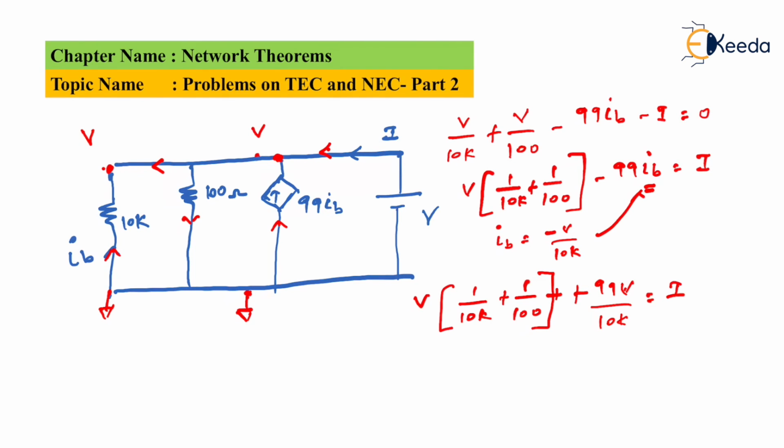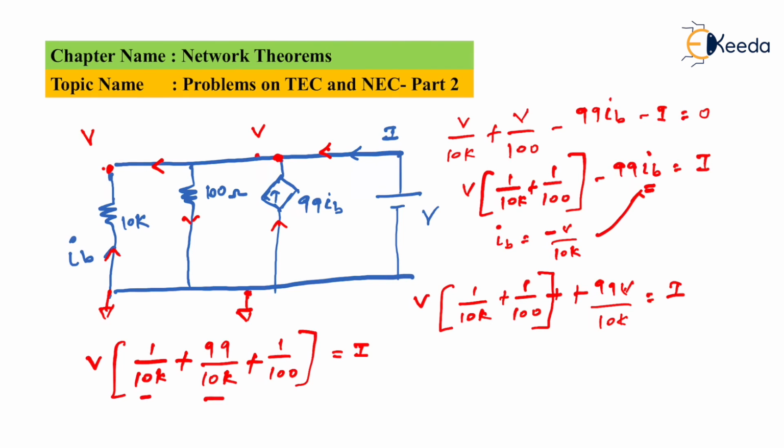Equal to I. Again, I'll club all V terms together, so I get V times 1 upon 10k plus 99 upon 10k plus 1 upon 100 equal to I. These two denominators are the same, so it is 100 by 10k, so it is V times that plus 1 by 100 equal to I. Now adding these two terms, the LCM will be 10k.